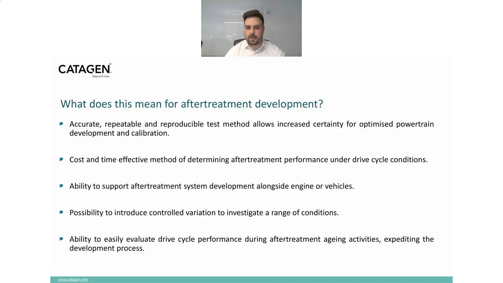Whenever I talk about increased certainty, if we imagine each element of that development process has some inherent uncertainty around it, if we can have improved certainty around catalyst performance, then that allows us to be less conservative with some design decisions, such as PGM loading or catalyst volume, and many other different factors. We can effectively have more certainty during this phase of the catalyst or after treatment development process, and then that can pass on benefits throughout in terms of time saved, cost, and so on.